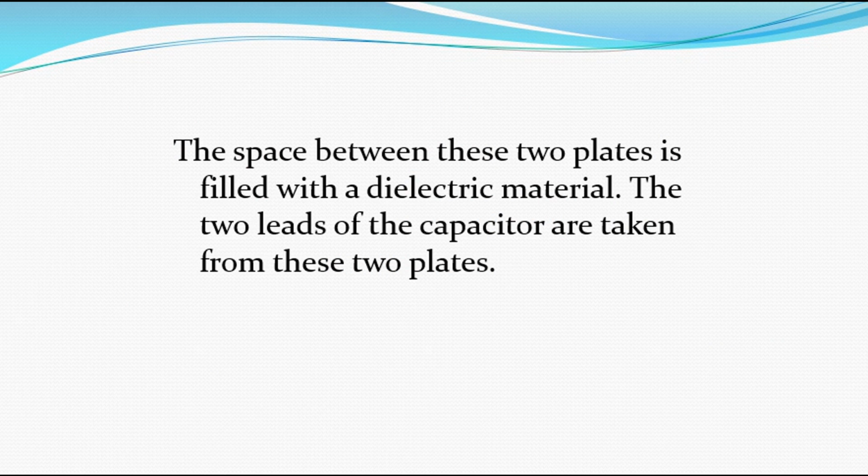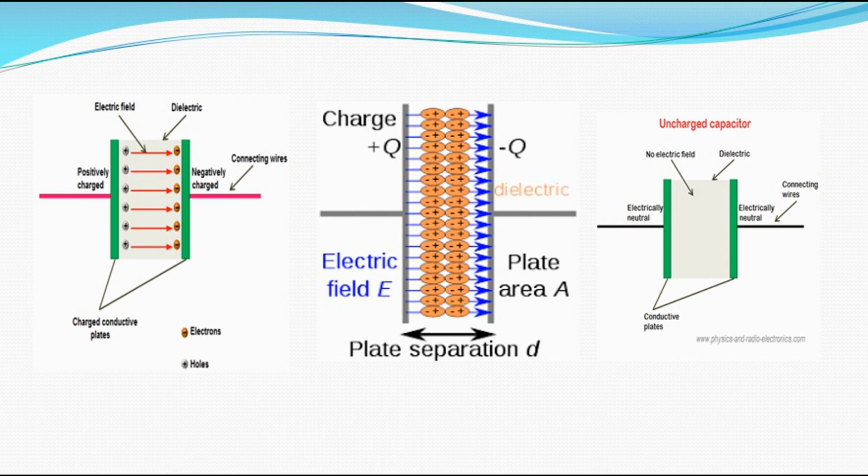Now, the space between the two plates is filled with dielectric material, which I have already explained before. The two legs of the capacitor are taken from these two plates, the positive and the negative.